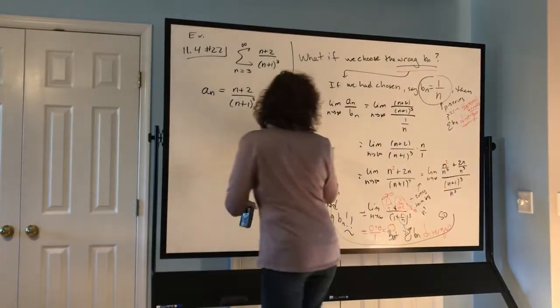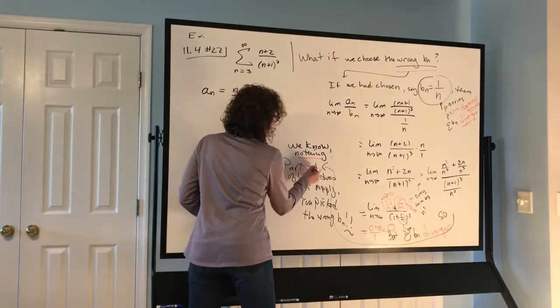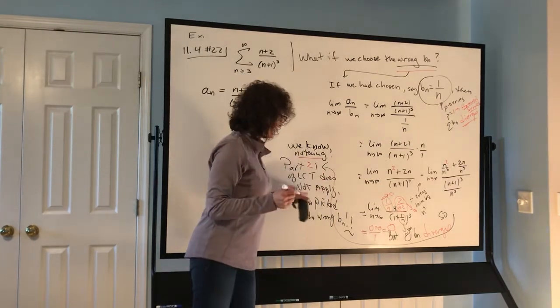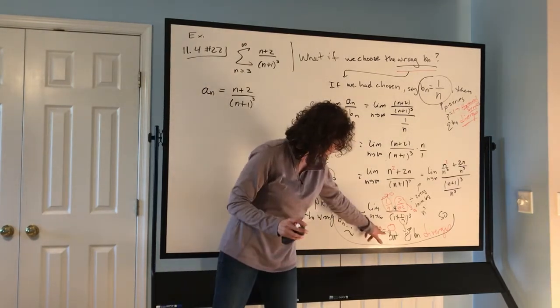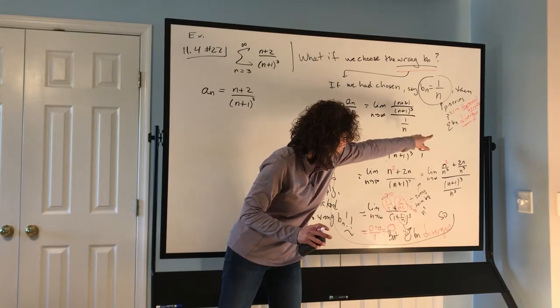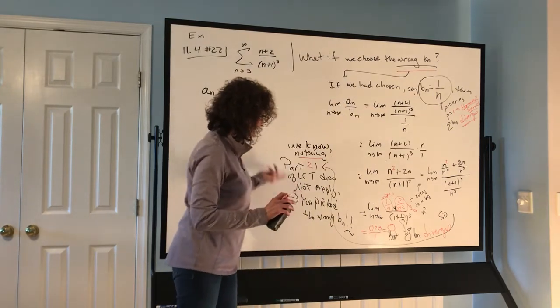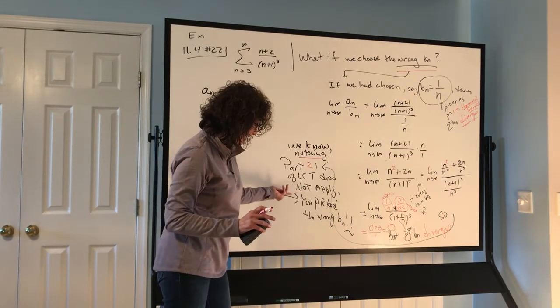So what do we know? We know nothing again. In this case, part 2 of the limit comparison test does not apply. We got a limit of 0, but our comparison series Bn diverged, so the limit comparison test tells us nothing here.